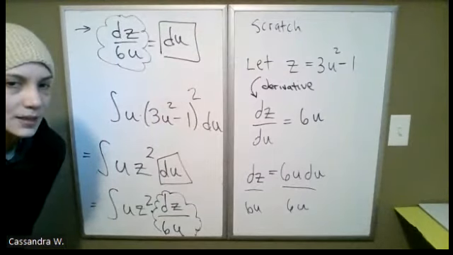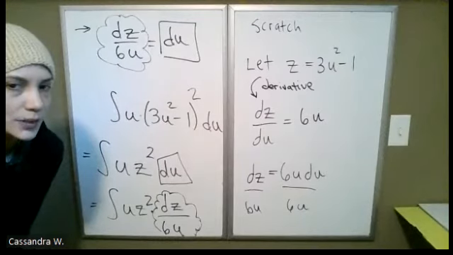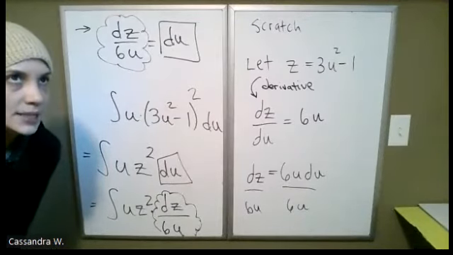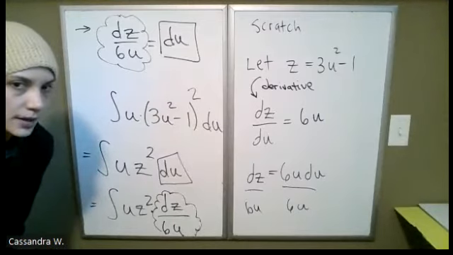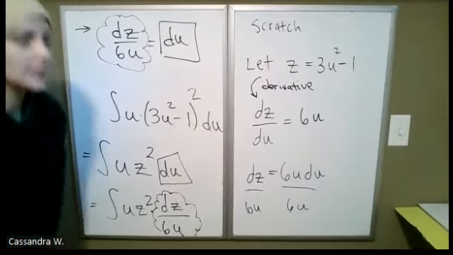Okay, so we're at 1/6 times the integral of z squared dz.